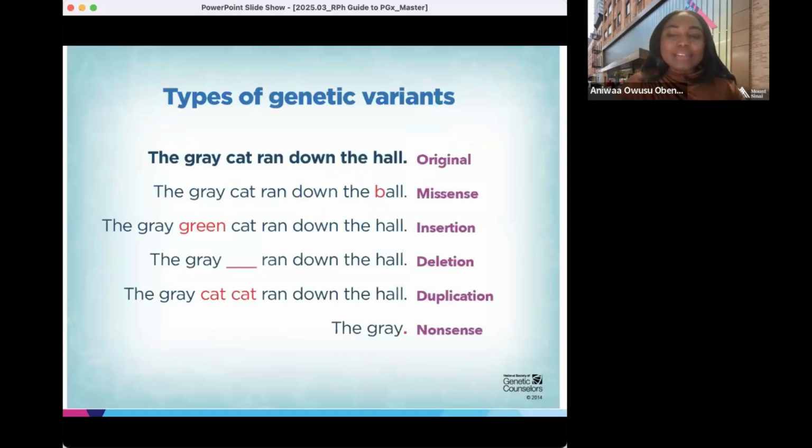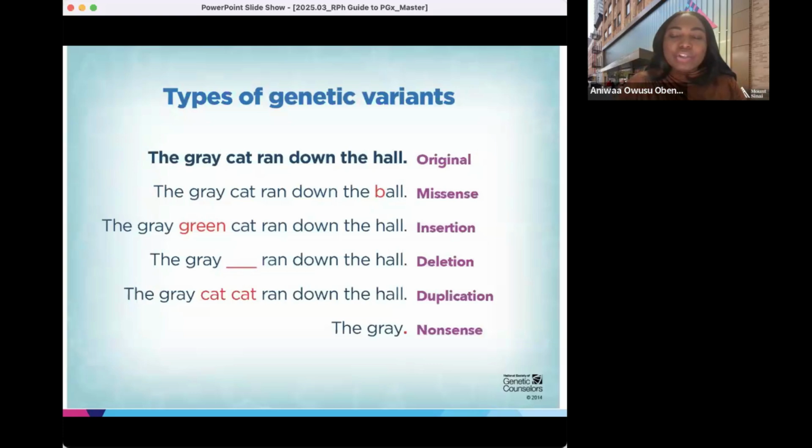Now, there are many types of genetic variants or variations. So there are the missense variants, where there is a change that doesn't lead to a protein that makes sense or has the same activity as the original. Then there are changes that are like insertions, right? So in this case the gray cat is now saying gray green cat.